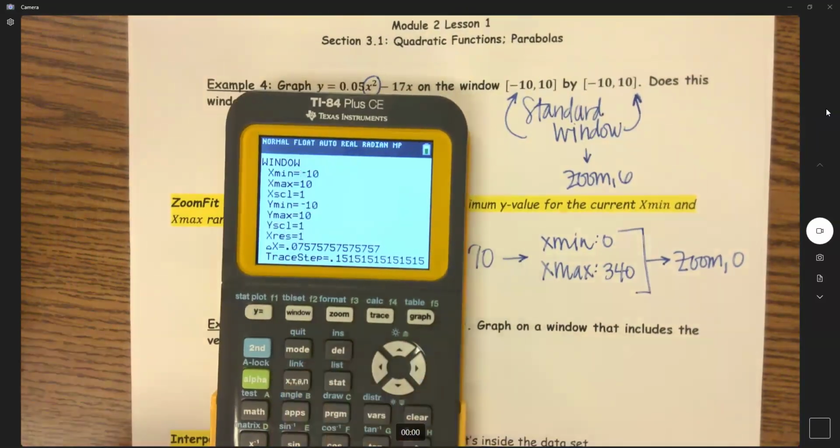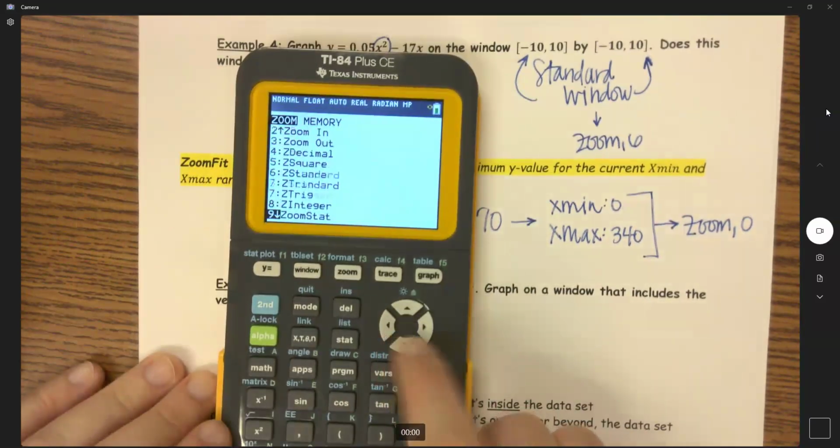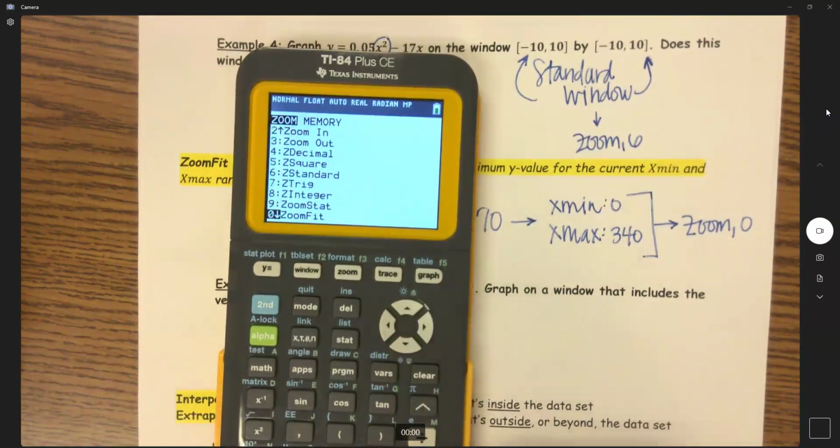So I'm going to go into my window, change my X min to 0, my X max to 340. And then I'm going to go Zoom 0. And Zoom 0 is that ZoomFit. So hit enter. And now I can see a window of that entire thing.